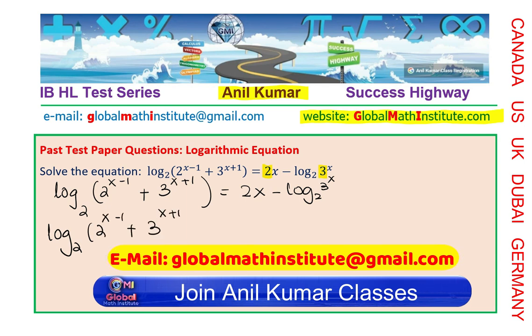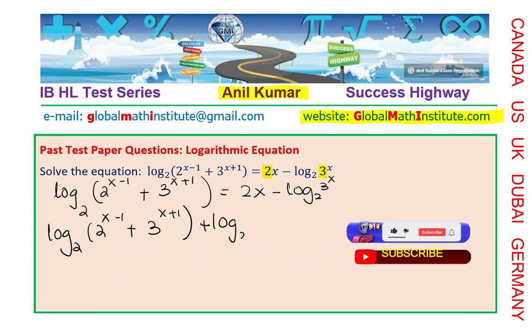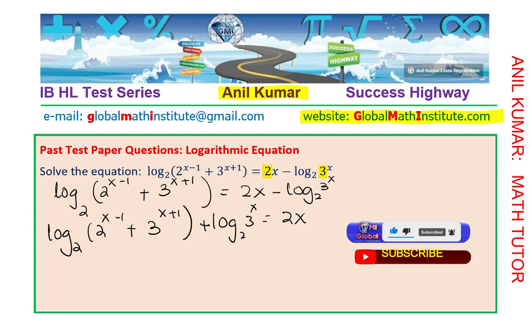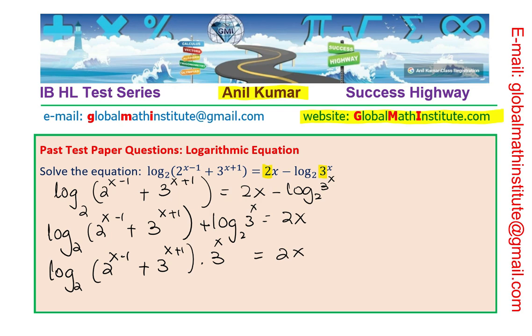We get this plus log to the base 2 of 3 to the power of x is equal to 2x. Now we can apply the logarithmic rules. So that means we could rewrite this as log to the base 2 of (2 to the power of x minus 1 plus 3 to the power of x plus 1) times 3 to the power of x, which is equal to 2x. Correct.